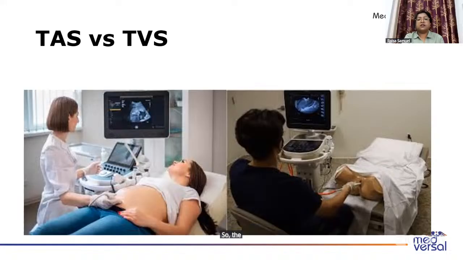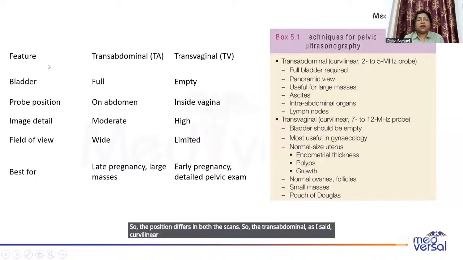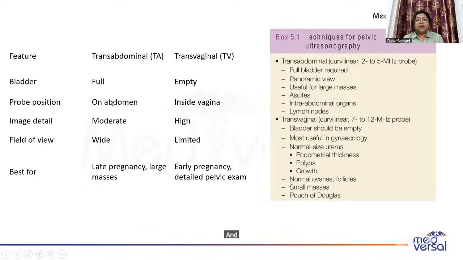The position differs in both the scans. So what are the requirements or the differences between transabdominal and transvaginal? In transabdominal, you need a full bladder, and in transvaginal, you have to ask the patient to empty the bladder. And the probe is on the abdomen in one, and inside the vagina in the other.